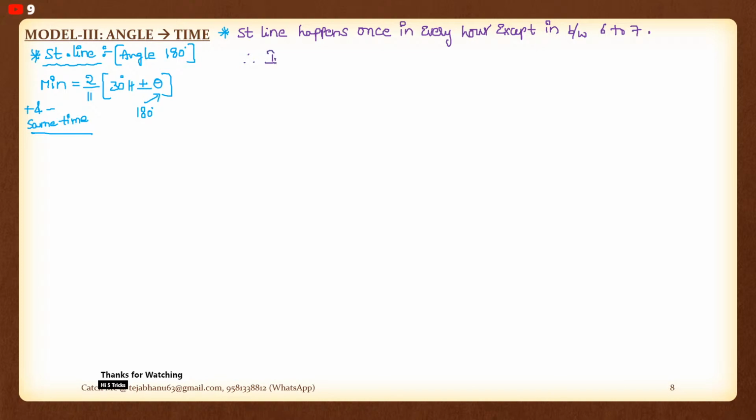Therefore, in 24 hours, a straight line happens 22 times. Keep in mind.